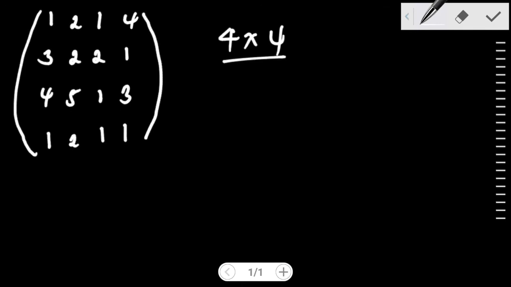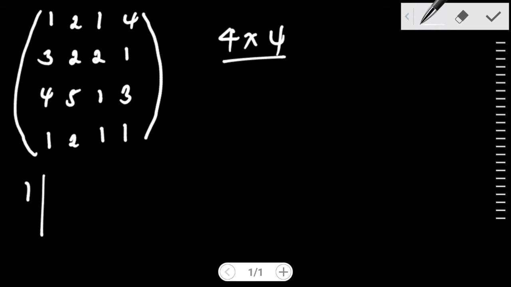Now, as we do when we are working out a 3x3 matrix, I choose, for example, 1 from the first row.